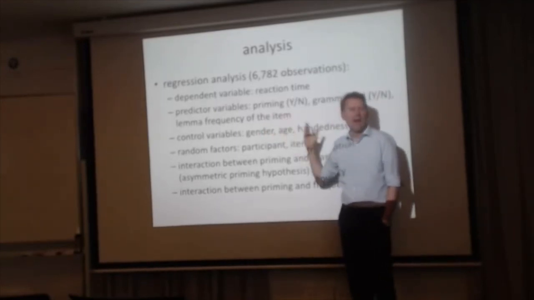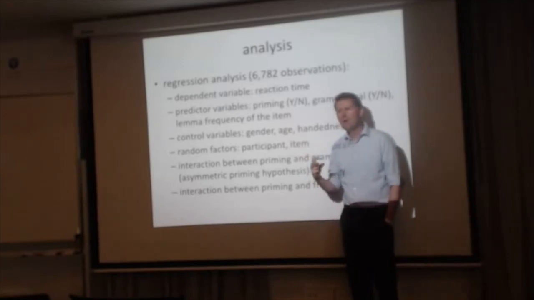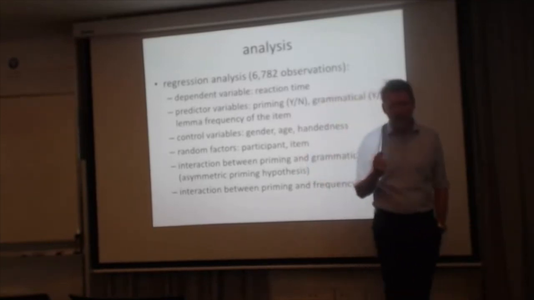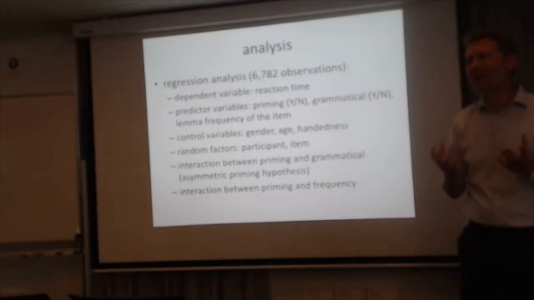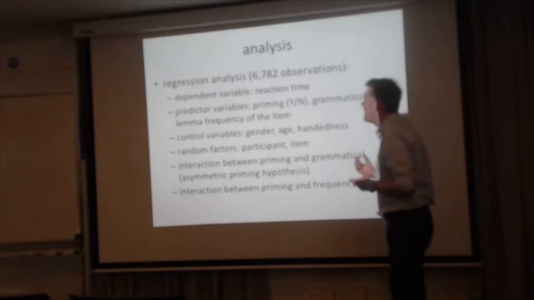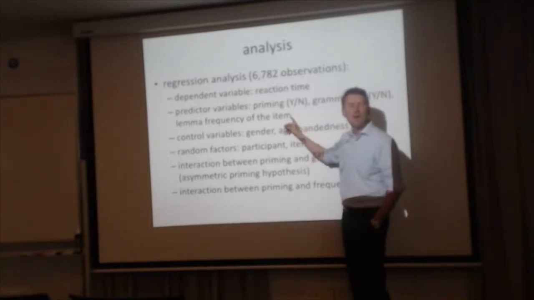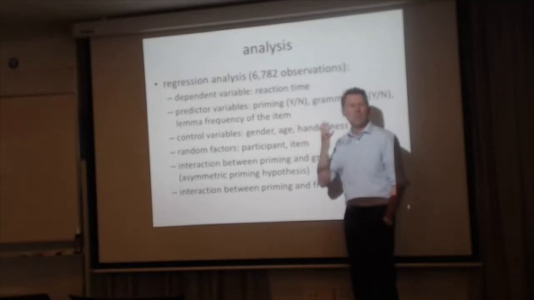So something like have is super frequent, something like keep, less so. And we have reasons to believe that priming has effects of different magnitudes depending on the frequency of the item. So low frequency items have much greater benefits from being primed than high frequency items. Something like have is so frequent you can easily activate it.